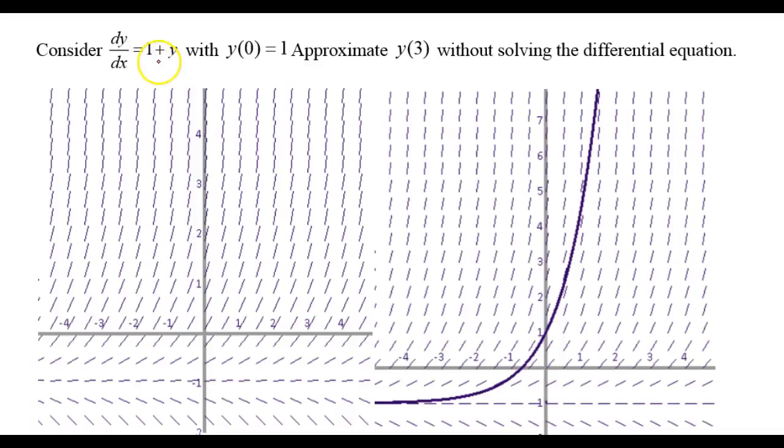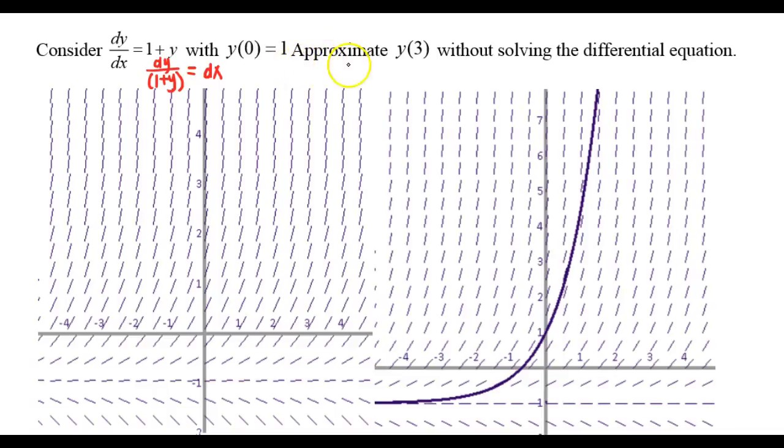I can divide by the 1 plus y, so dy over 1 plus y, and then multiply by the dx differential. So I can separate the y's from the x's, integrate, and find a general solution. And because I'm given an initial condition of y of 0 equals 1, I can find a particular solution that passes through this point. So now let's see what the problem is asking us.